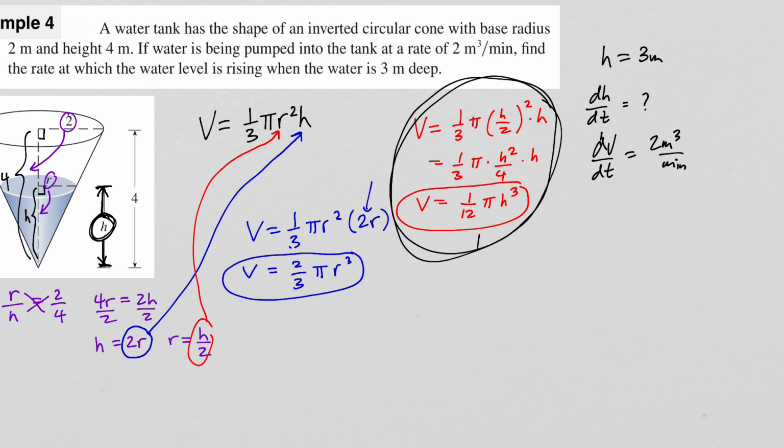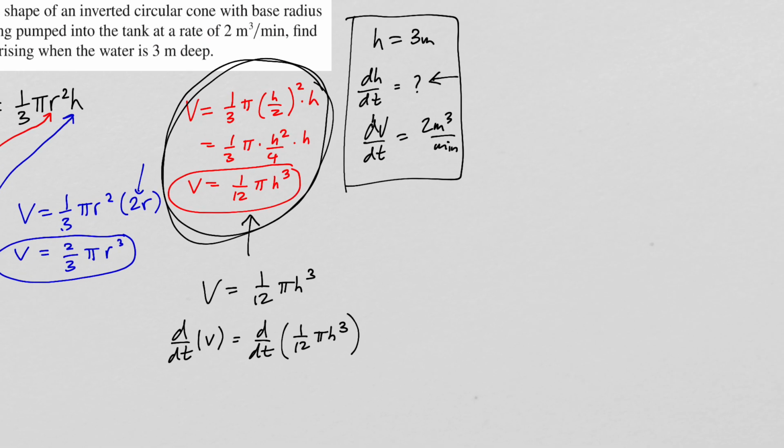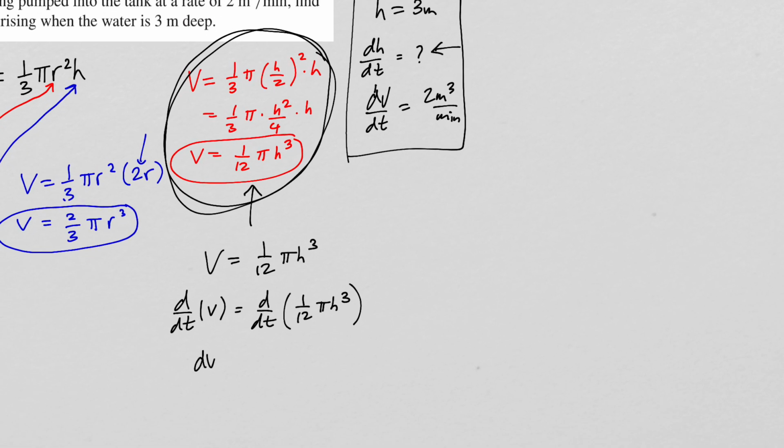So I hope what you see is that we are going to be using this formula. We need the formula that involves h, since the information they give us is about h and the information they ask for is about h. So we are going to take this formula here and take the derivative of both sides with respect to time. So the derivative of V with respect to t is dV/dt.